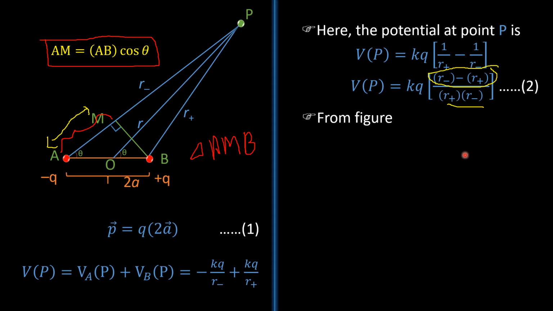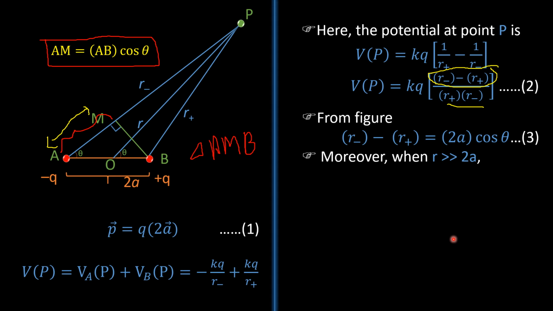But this is possible with the assumption. What is the assumption? The assumption is when R is very much greater than 2A. If the point P is very close to the dipole, this is not valid. So you can take it as one of the limitations. If point P is very close to the dipole, then the second equation is the equation for potential.